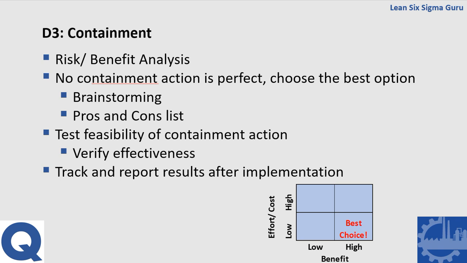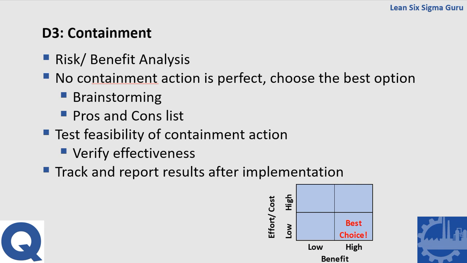There are also some other very good methods to assess risk on a matrix type basis. We should test the feasibility of containment action to make sure that it could actually be conducted. Nothing theoretical, something practical. And we verify the effectiveness again by predetermined measures of effectiveness, and we track and report results after implementation.